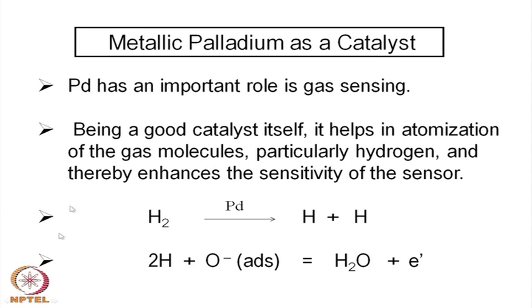Being a good catalyst itself, it helps in atomization of gas molecules, not only hydrogen, but maybe hydrocarbons, and many other gaseous species which can be dissociated in presence of palladium as a catalyst at a relatively high temperature. The total process depends on the catalytic activity and the adsorption property of the surface of the oxide.